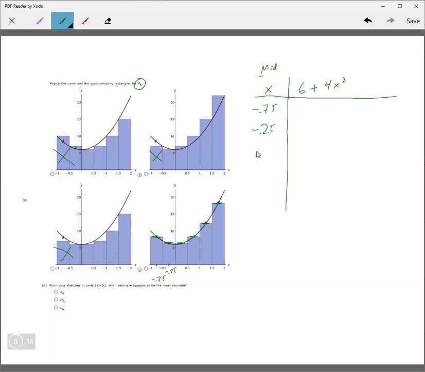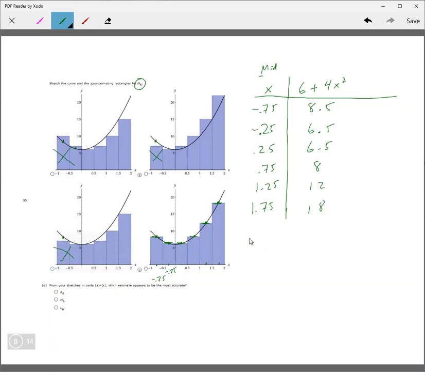And then this is +0.25, and then +0.75, and then +1.25, and then +1.75. Okay, so if you put these values of x in here, you get the following. You get 8.5, 6.5, 6.5, 8, 12, and 18.